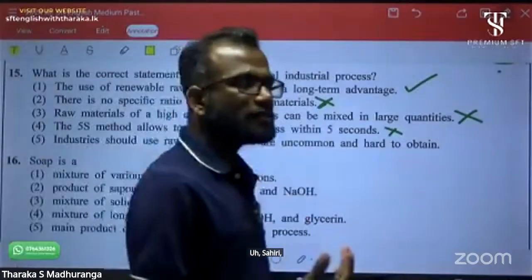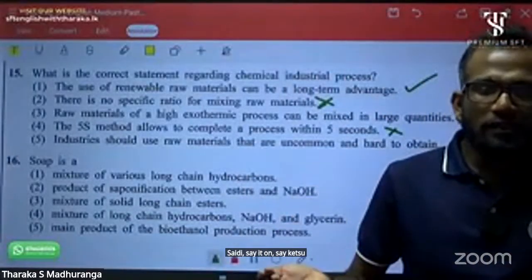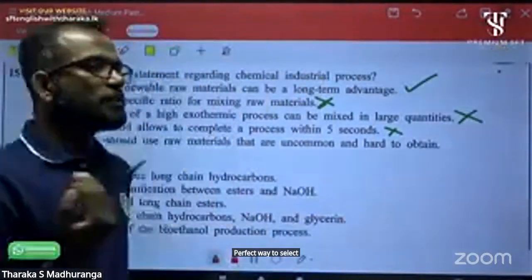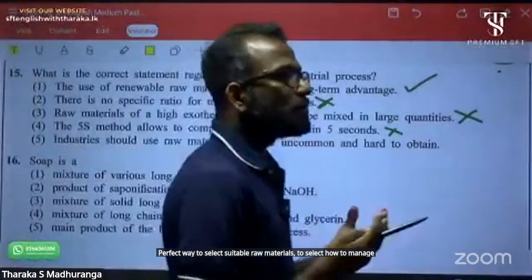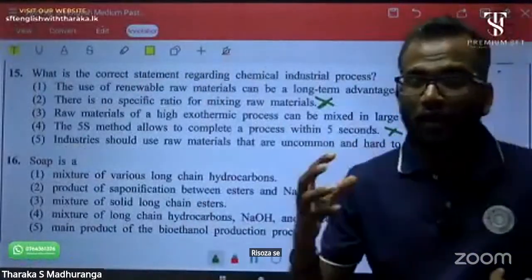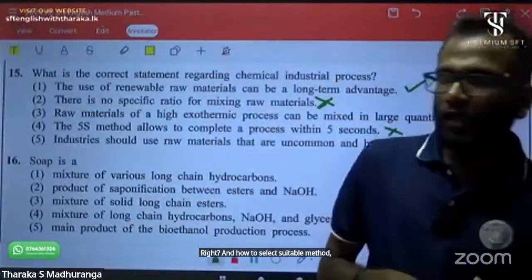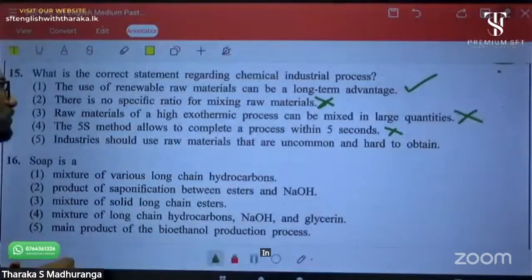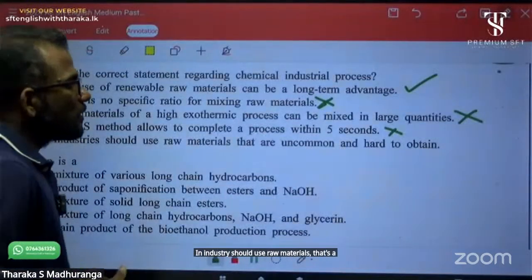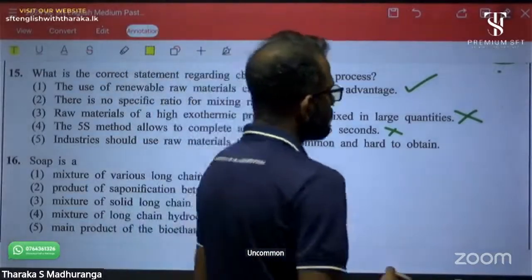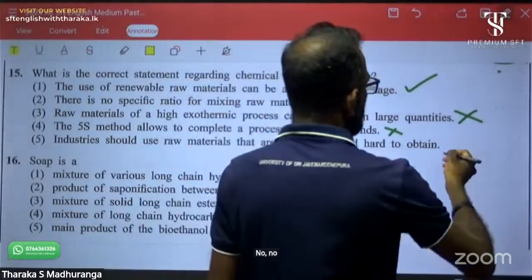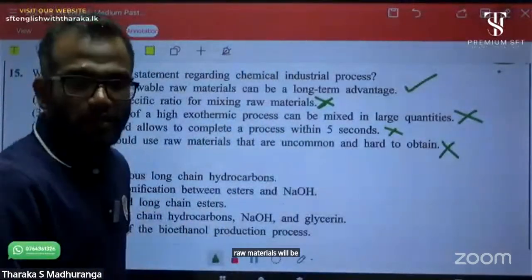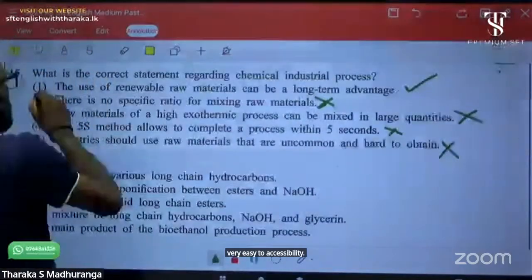This is a Japanese concept to maintain a business or industry in a perfect way, selecting suitable raw materials, managing human resources and selecting suitable methods. Industries should use raw materials that are uncommon and hard to obtain? No. We have to use raw materials that are very easy to obtain, with easy accessibility. Answer number 1.